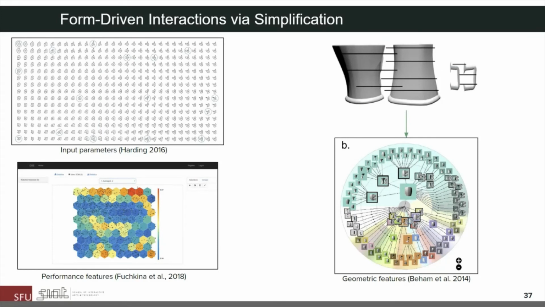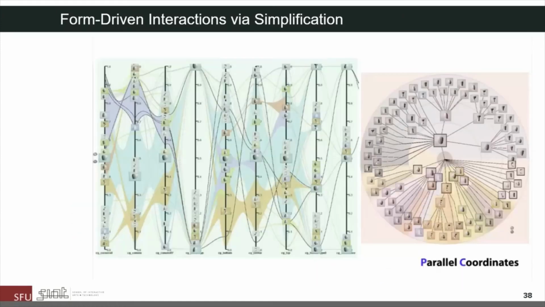Now it also happens that in the case of Cupid, clustering is performed based on the similarity in the geometry of the alternatives, as opposed to using their inputs or performance values, as is done in other systems. This means that we are in fact performing form-driven interactions when we are interacting with the tree in Cupid.